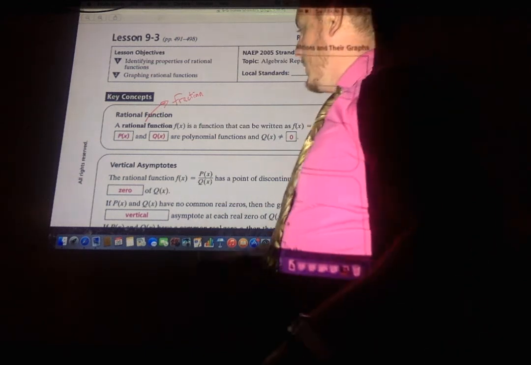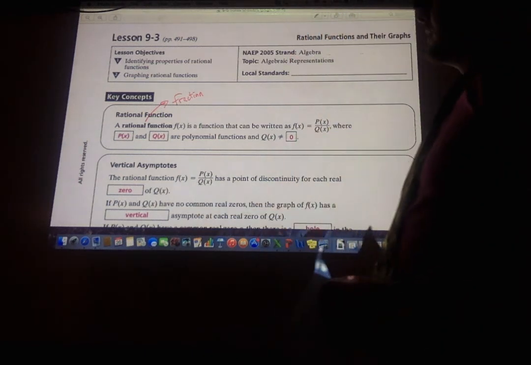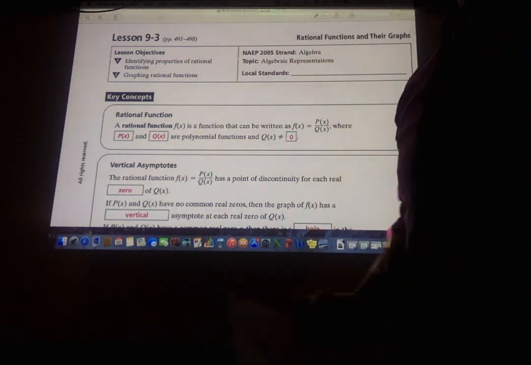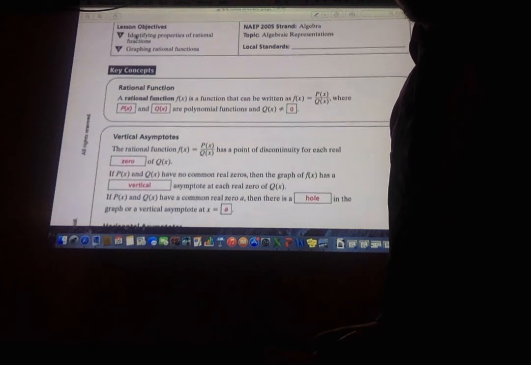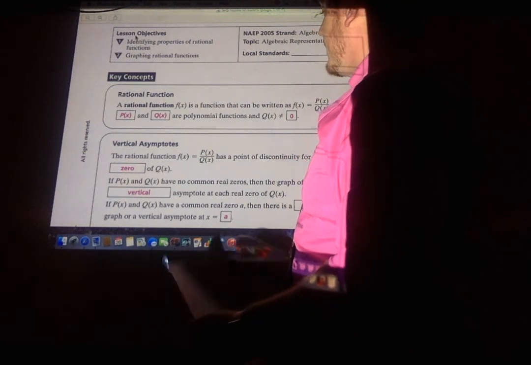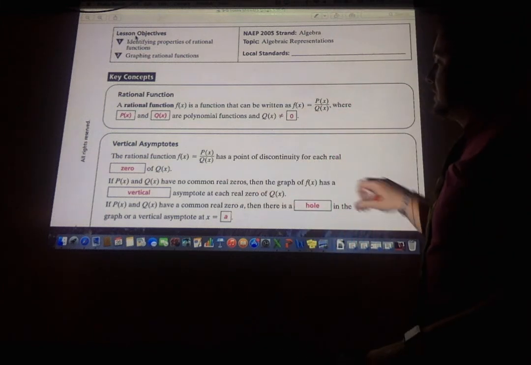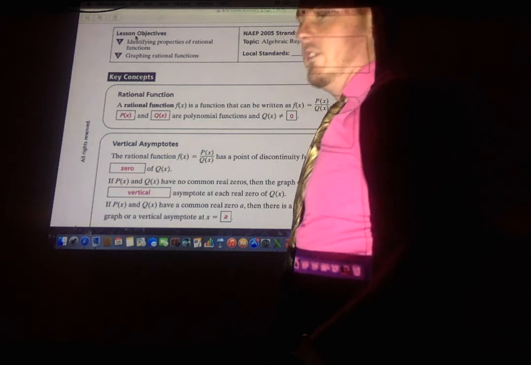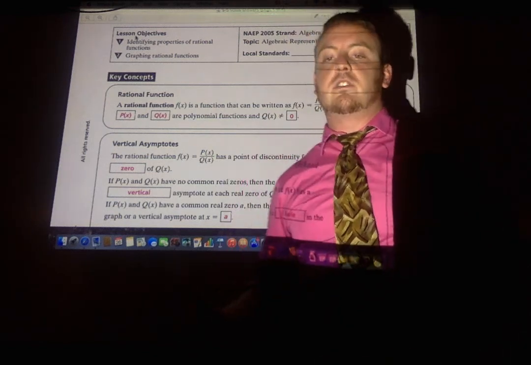So now, we look down here, vertical asymptotes. A rational function f of x is equal to this. Has a point of discontinuity for each real 0 of q of x. What does a point of discontinuity mean?